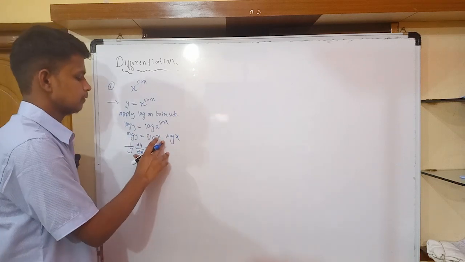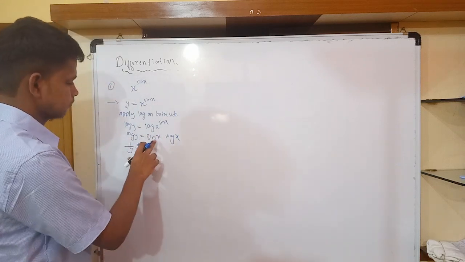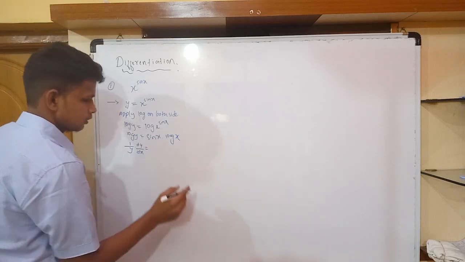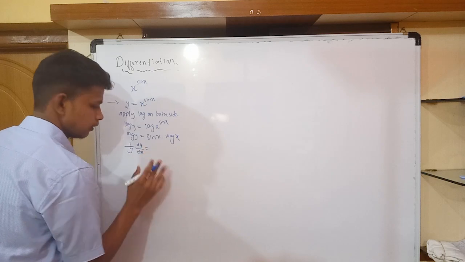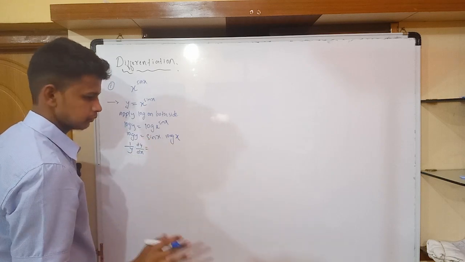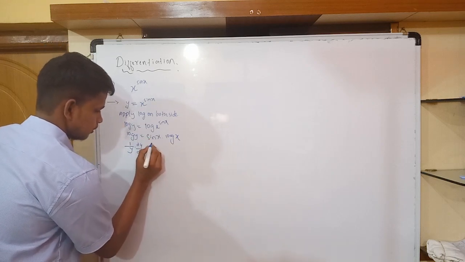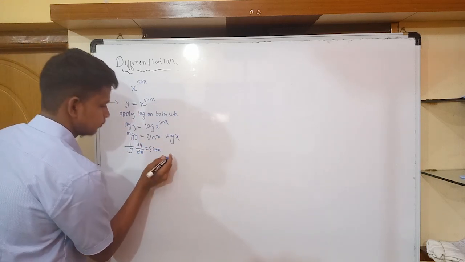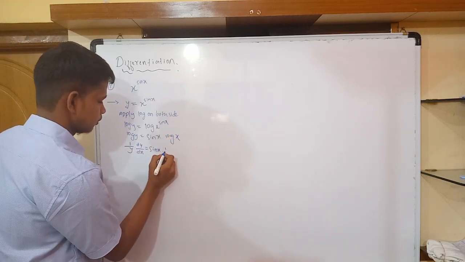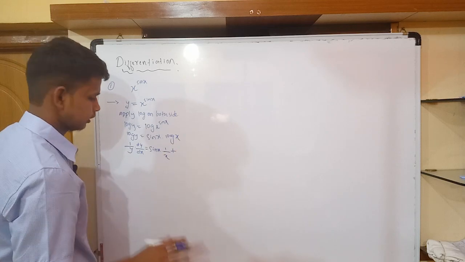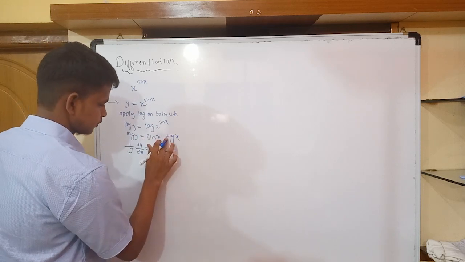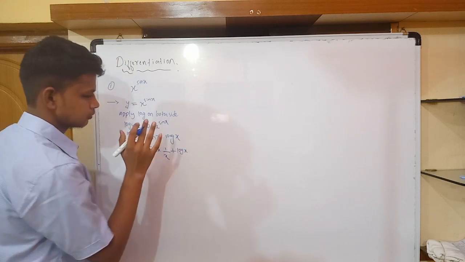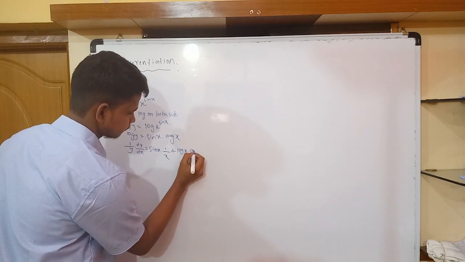This is in multiplication form, so here we can apply the product rule. Write the first function as it is, sin x, into the derivative of the second function, log x, which is 1 by x, plus the second function log x as it is into the derivative of sin x, which is cos x.